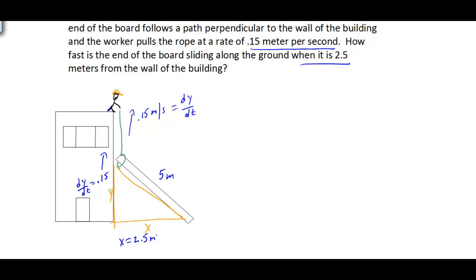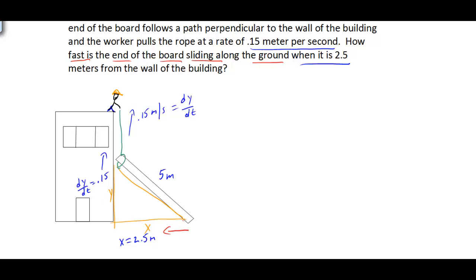Now, what we're trying to find is what? How fast the end of the board is sliding along the ground. So how fast is the end of the board sliding along the ground? So this end of the board here, we know that if we pull, the board's going to slide in this direction to the left.